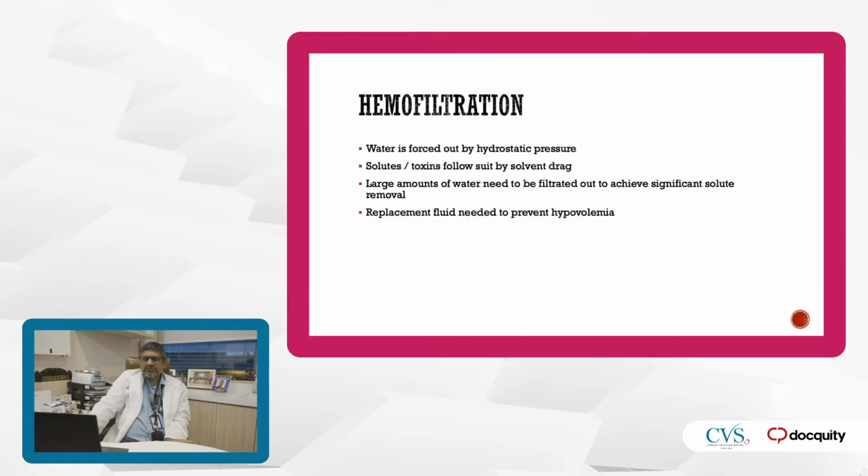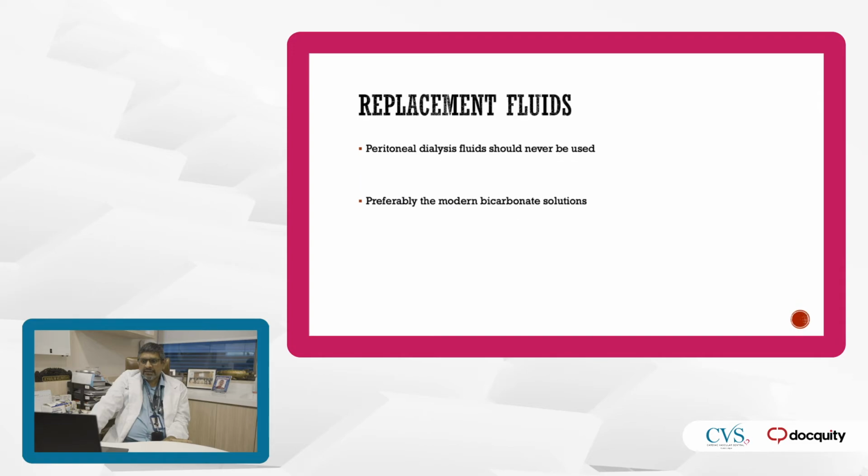So for hemofiltration, you need to take out large amounts of water to get significant solute removal. That's why in hemofiltration, we need to give replacement fluid to the patient, otherwise the patient will go into hypovolemia. And there are special replacement fluids. Some hospitals still use peritoneal dialysis liquids as replacement fluids, but that should not be done in the modern era.